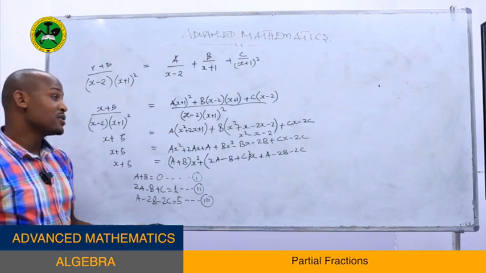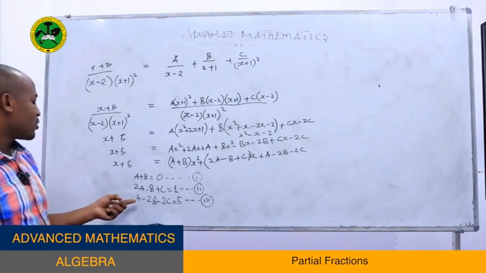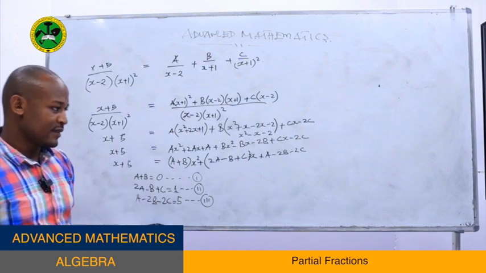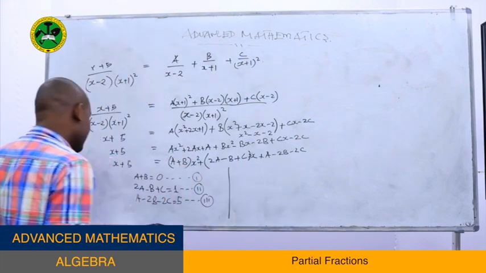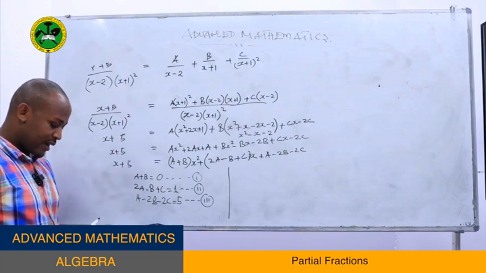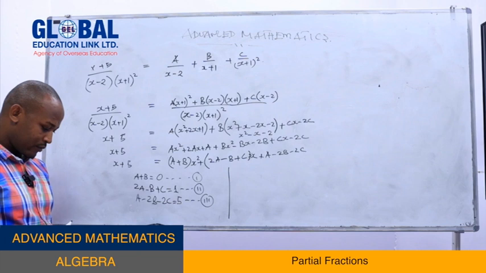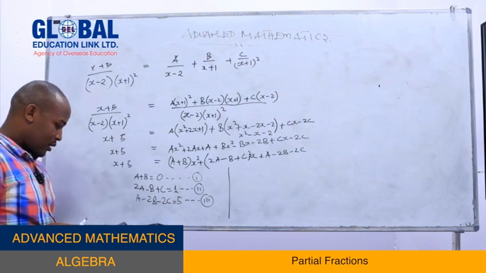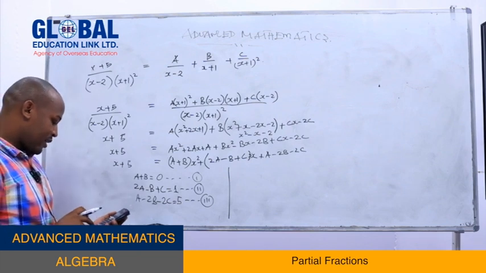Now, what are we supposed to do? We are supposed to find the values of a, b, and c. Again, let's practice our calculator use by going to equations. Unknowns, there are 3. So we have 3 unknowns.